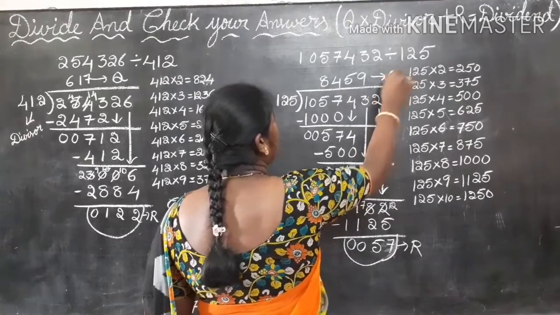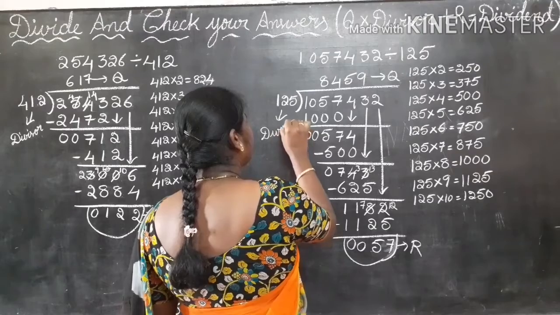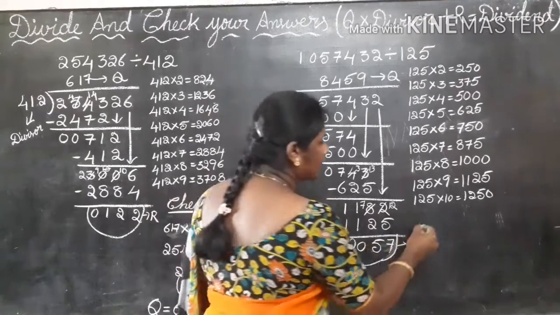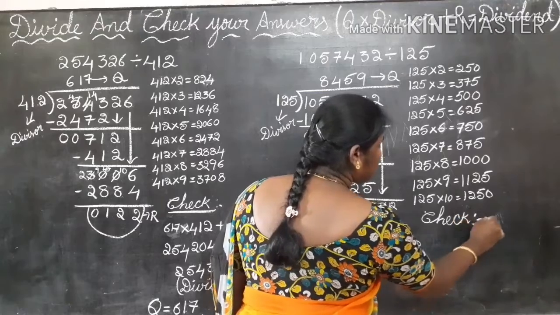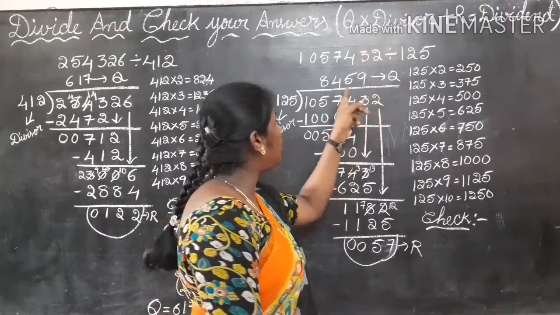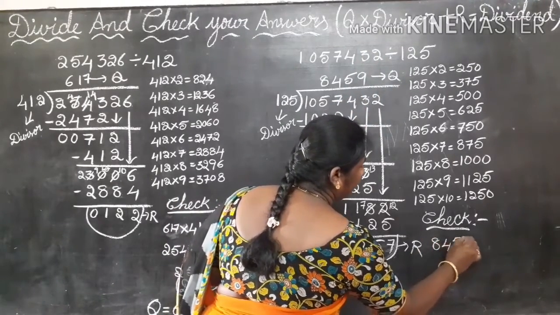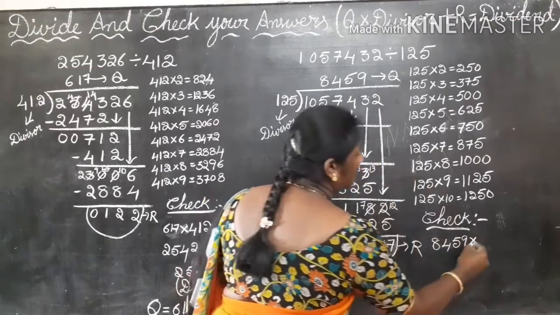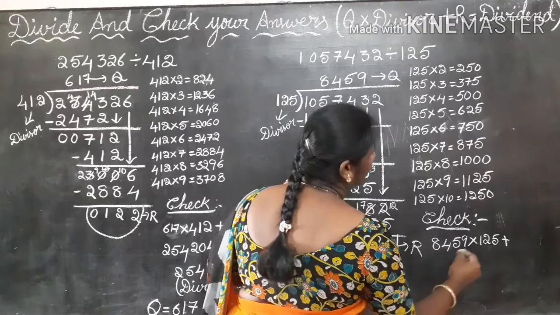It is the quotient. It is the divisor. So what is the check here? Same. For every problem, the same check. Quotient into divisor. How much is the quotient here? 8459 into divisor 125 plus remainder 57.